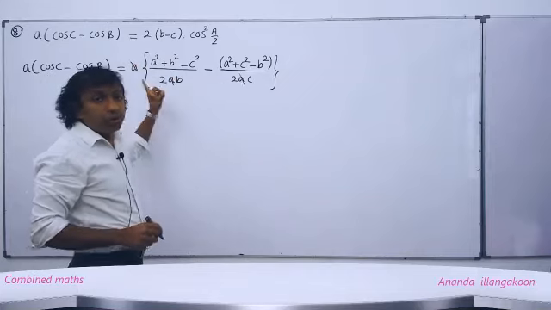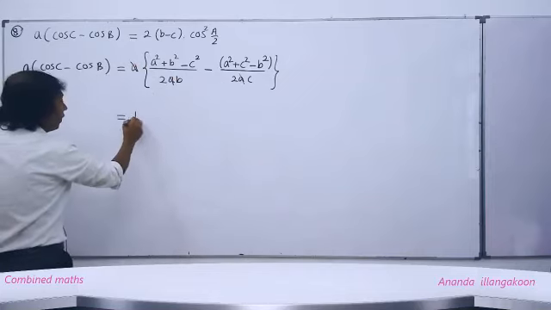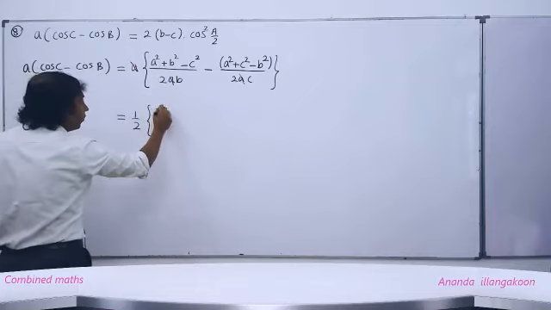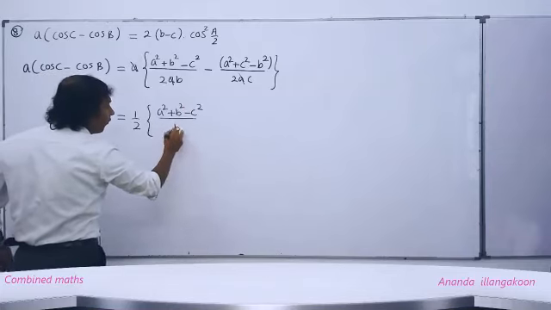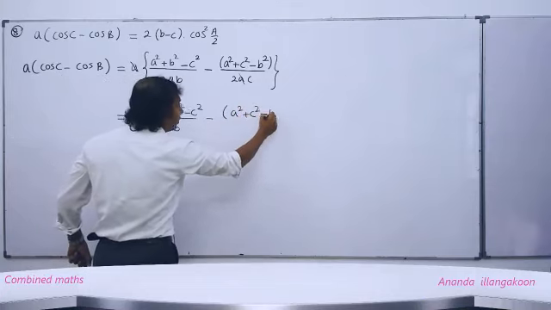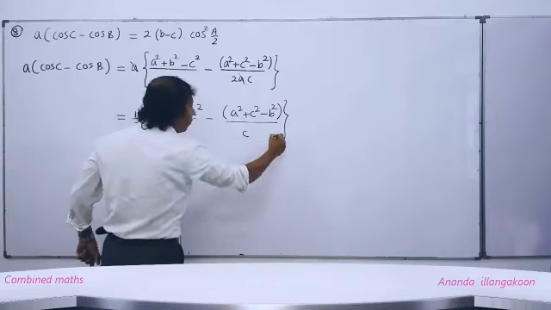We can take that 2 out too, that will be half, because at the moment it is at the denominator. Open the bracket. Now what we have is this: A squared plus B squared minus C squared divided by B here, and A squared plus C squared minus B squared divided by C.